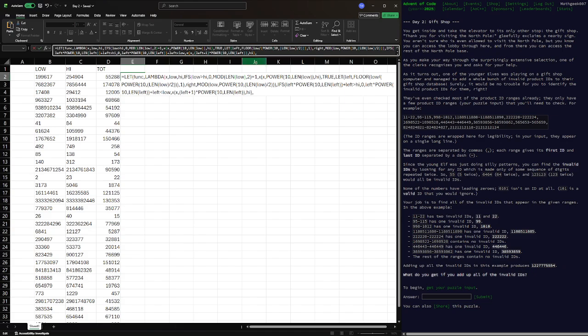Otherwise, it's between the two. Then you do true, and then you return the same thing, one plus that.